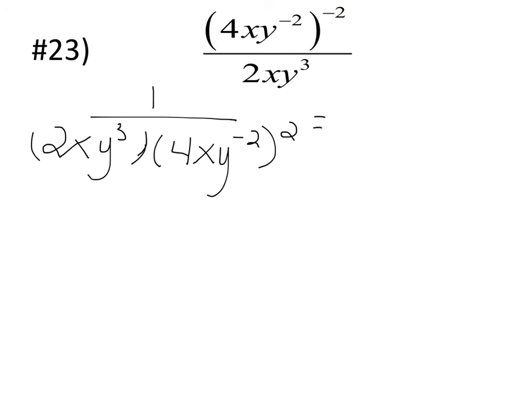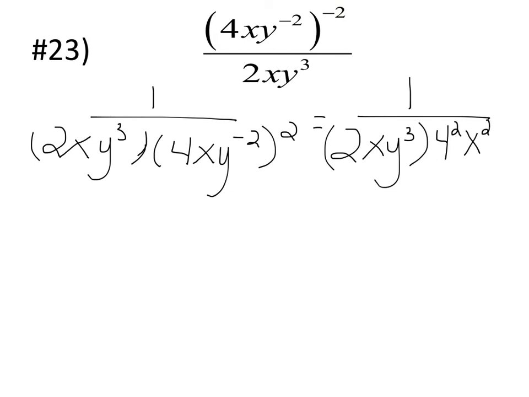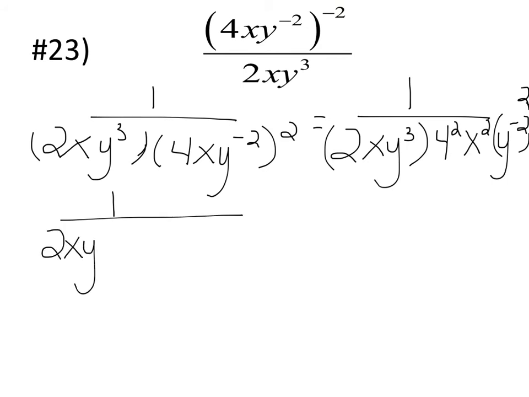Okay, so 1 over, leave 2x y cubed alone, and then you're going to say 4 squared x squared, because we're giving this 2 right here to every piece, and then y to the -2 squared. Okay, so that's 1 over, still just 2xy cubed, haven't done anything to it yet, and then over here we have 16, because 4 squared is 16, x squared, and this becomes y to the -4th, because -2 times 2 is -4.